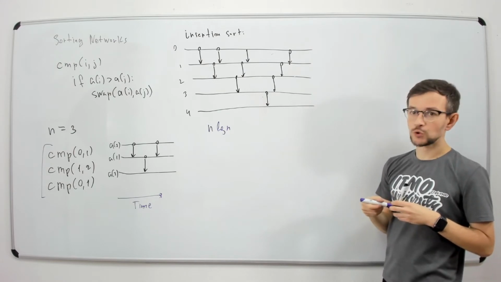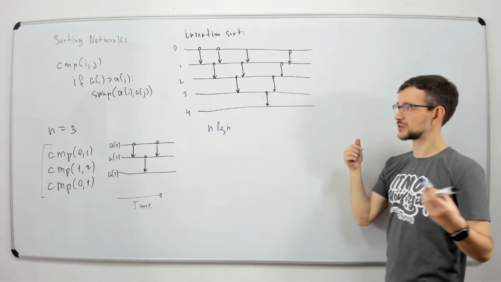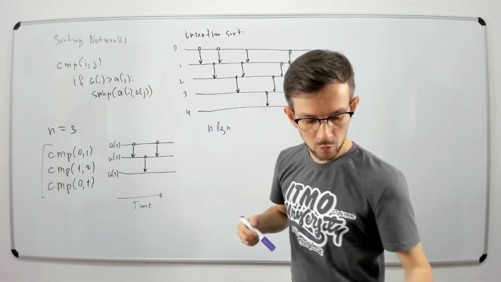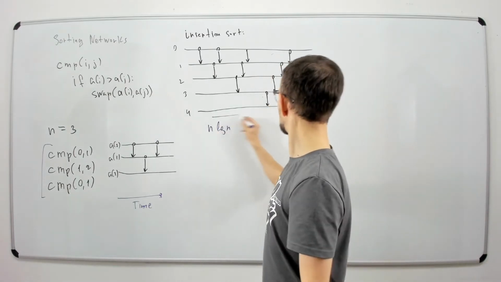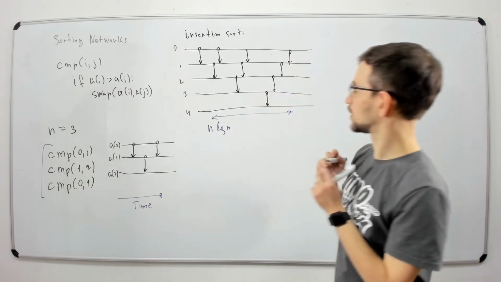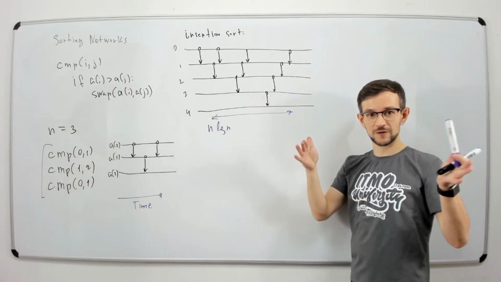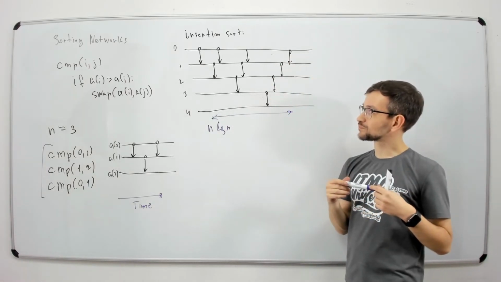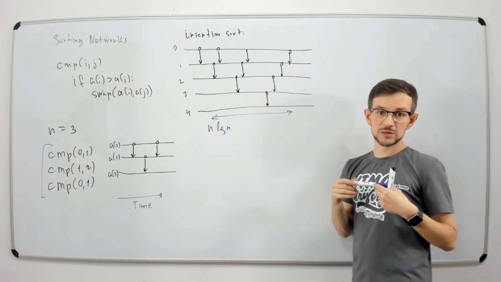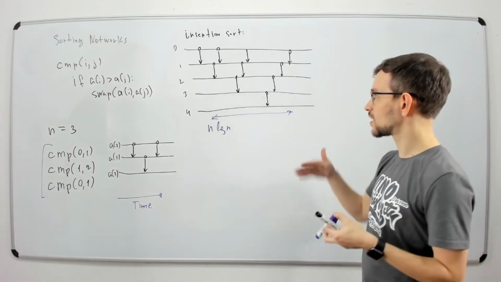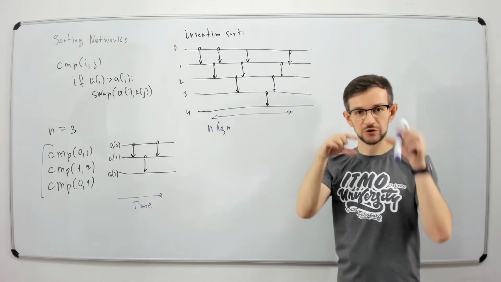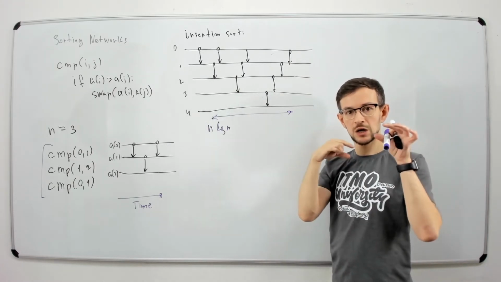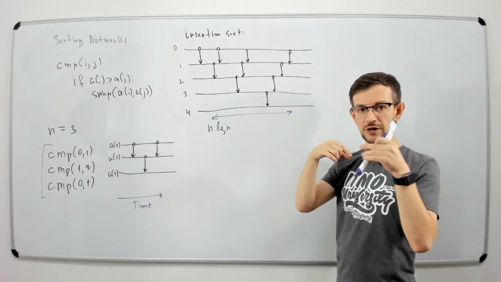Another property we want to optimize is the depth of this network. So we want to optimize the width of this network. To optimize this, we will allow concurrent calls of different comparators if they don't interact with each other.